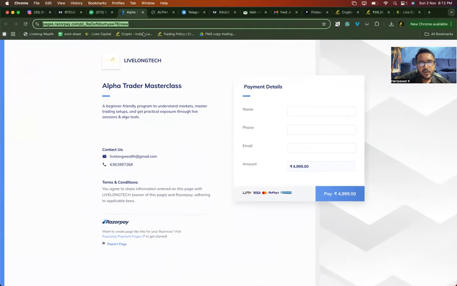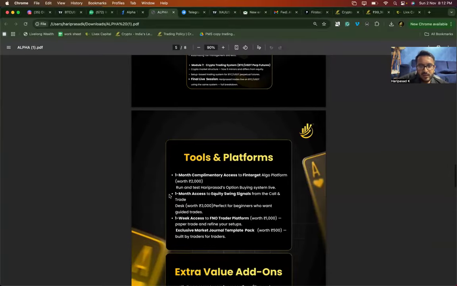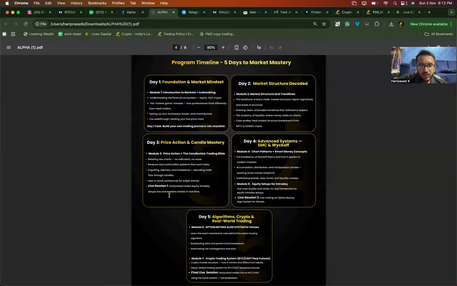In this cohort mentorship, these are the things we are going to learn: a price action based strategy for equity, an algorithmic trading strategy for crypto, and an algo based strategy for options.